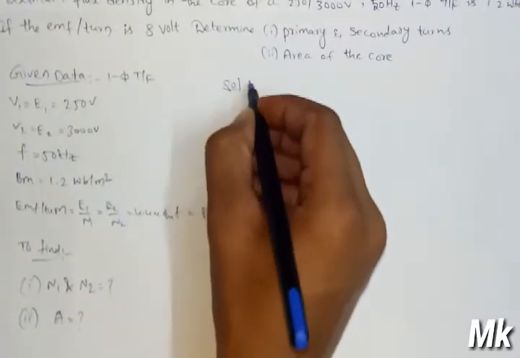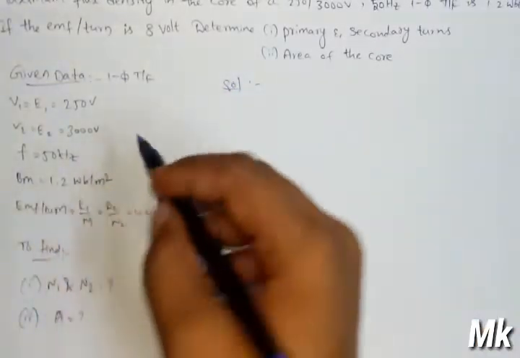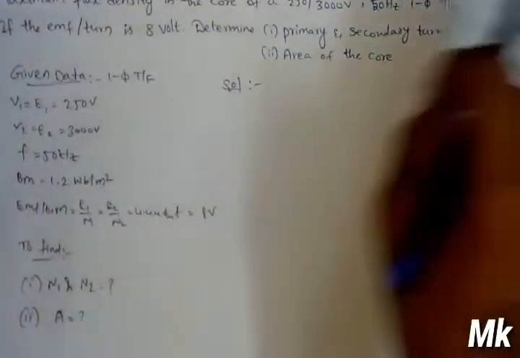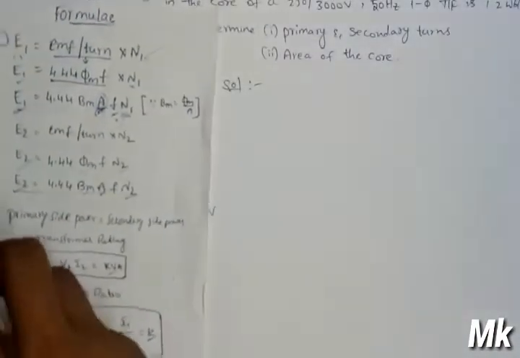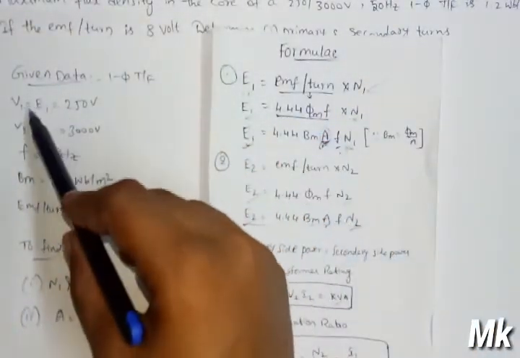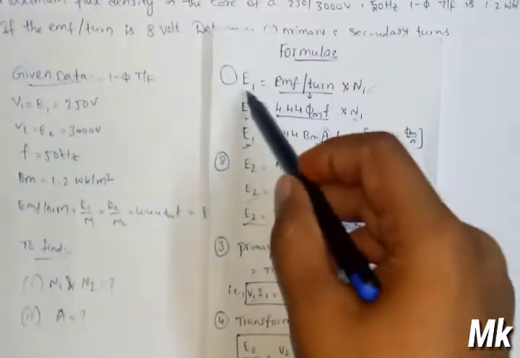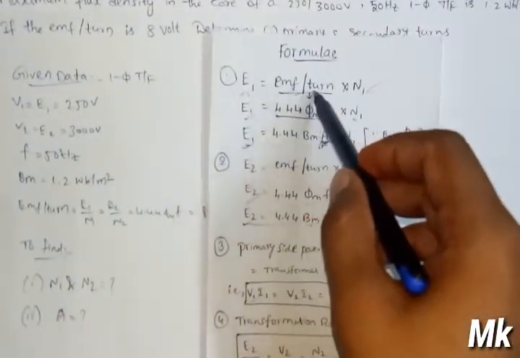The solution is to find out N1 and N2. See the formulas, which formula is suited. To find N1, here they given E1 and EMF per turn. So these two values are given.